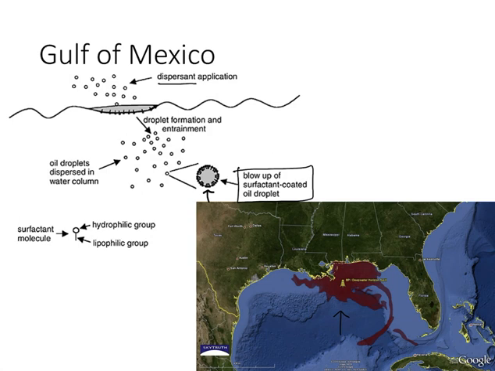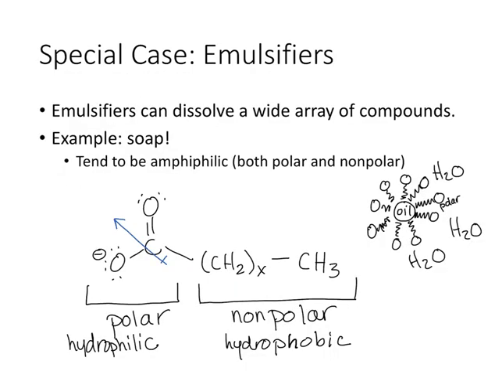So not a great use of the dispersants, but at least it was preventing some harm to wildlife on land. So, you know, there's always the good and the bad with these different chemicals. But same idea as our emulsifiers here.